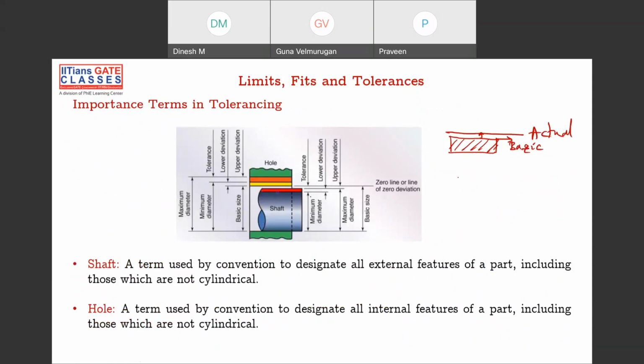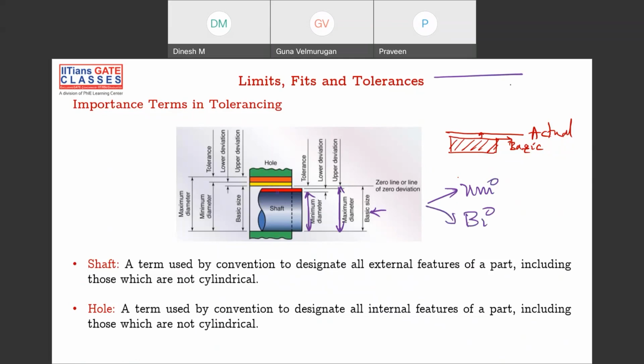Okay, so for the shaft, this is the basic size, right? And this is the maximum diameter it can go, and this is the minimum diameter it can go, right? So both maximum and minimum are below the basic size. So what kind of tolerance is it? Is it a unilateral tolerance or a bilateral tolerance? Anyone?